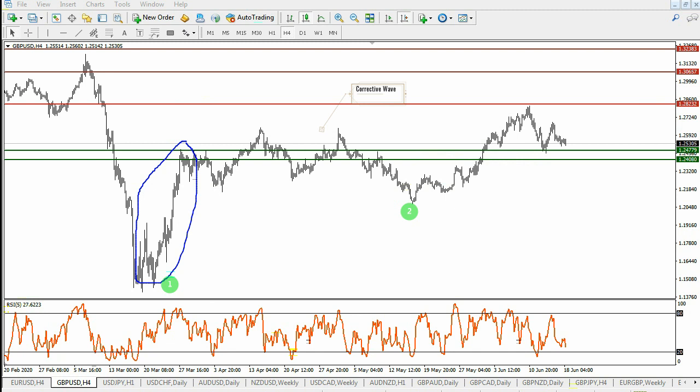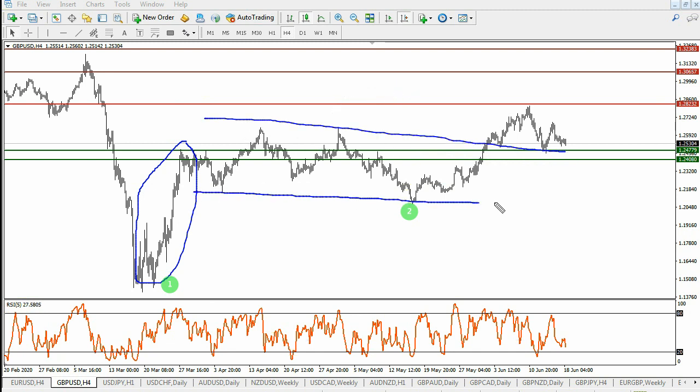In Elliott wave theory, the second wave is always a corrective wave and not bigger than the first wave or going below the first wave.